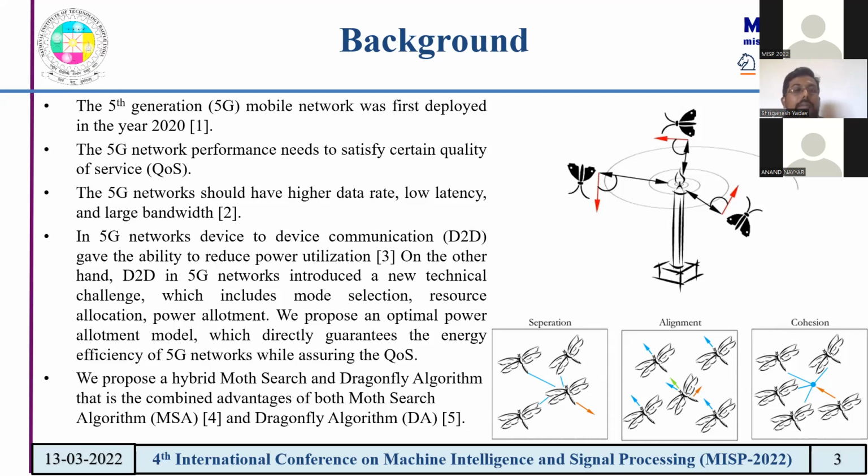We propose the hybrid moth search and Dragonfly algorithm, which combines the advantages of both the moth search algorithm and the Dragonfly algorithm. Here I will say a little about the Dragonfly algorithm and moth search. Here the two diagrams are there. The first one is the moth search algorithm, where we use the natural tendency of moths to follow light, which inspired this new kind of algorithm.